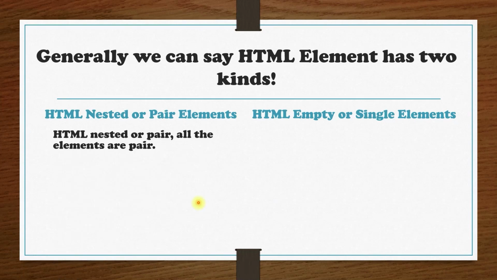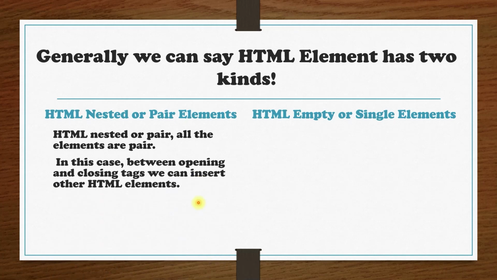All the elements are pair. It means nested or pair elements are always pair, according to what their name implies. In this case, between the opening and closing tag, we can insert other HTML elements.